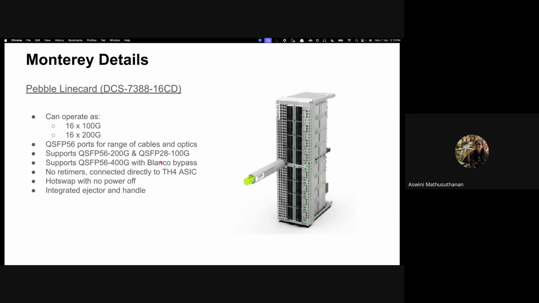So it supports, this is a Blanco transceiver, so it can be inserted so that we can make use of the odd interfaces as 200 and 200, and we can make use of the interfaces as 400 gig speed, and there are no retimers as usual, and hot swap is allowed, and the handle is there to eject and insert the line cards, almost similar to Glacier.